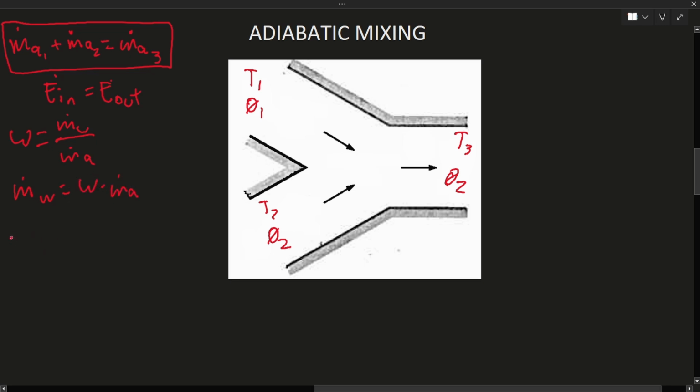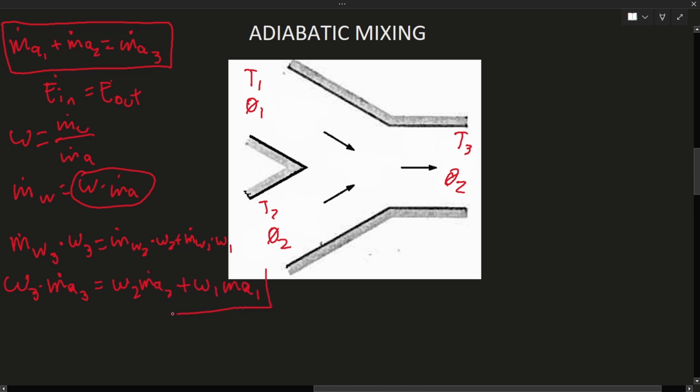So mass flow rate of water at point 3 times omega 3 is equal to mass flow rate of water at point 2 times omega 2 plus mw1 times omega 1. Okay. We're going to replace mw with omega ma. Omega 3 times ma3 equals omega 2 ma2 plus omega 1 ma1.